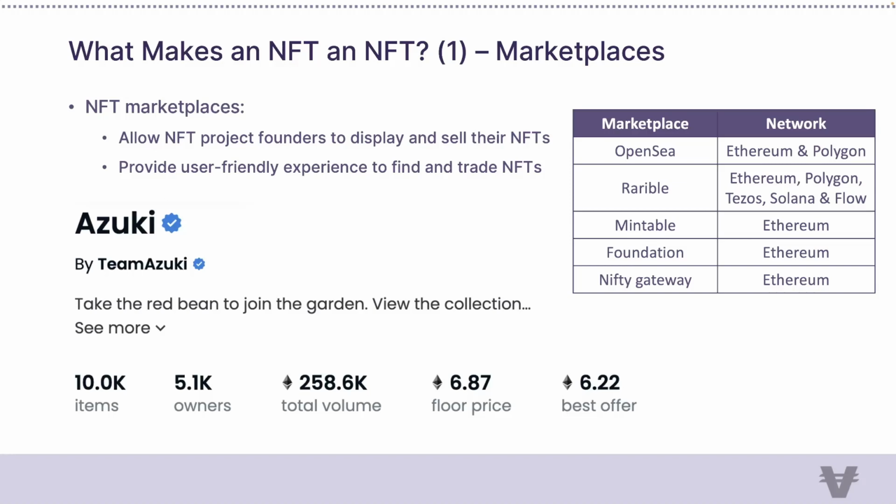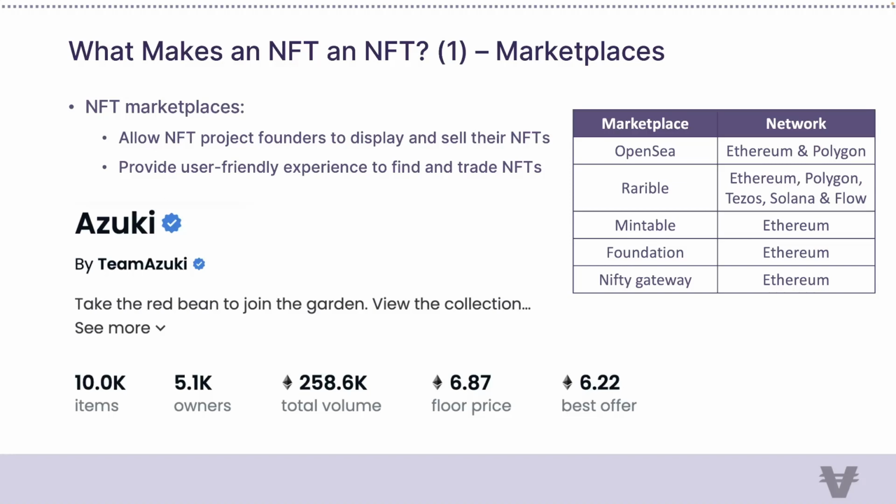So what makes an NFT an NFT? Well, first of all, to encounter an NFT, you need to go to an NFT marketplace, and an NFT marketplace allows NFT project founders to display and sell their NFTs, and it provides a user-friendly experience to find and trade NFTs. So we have different marketplaces.